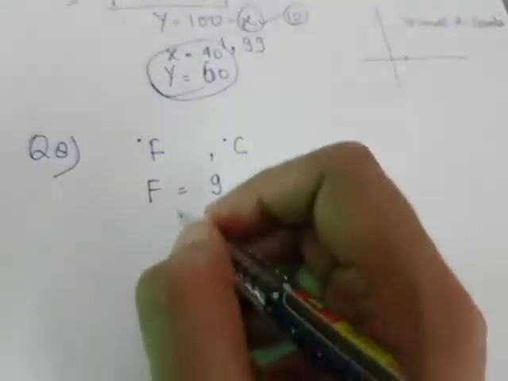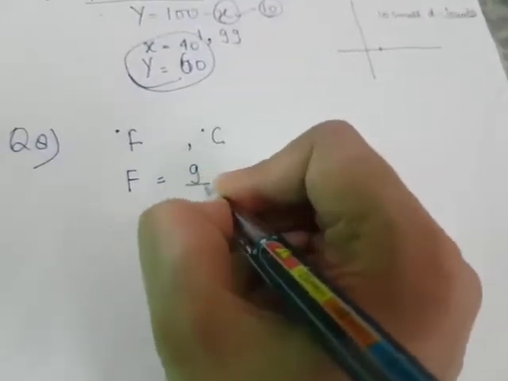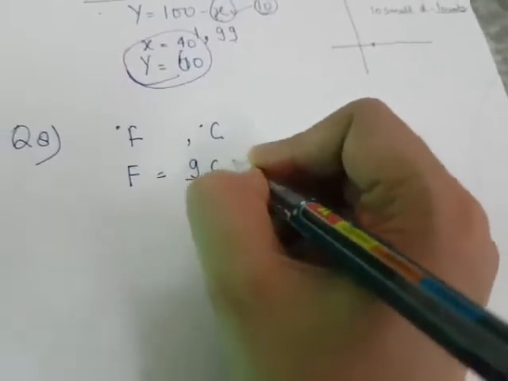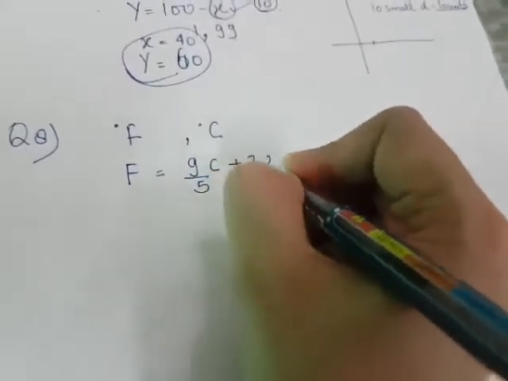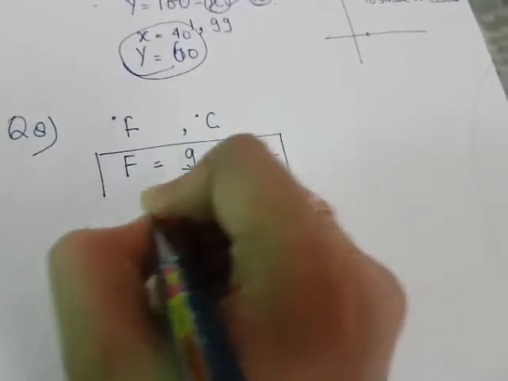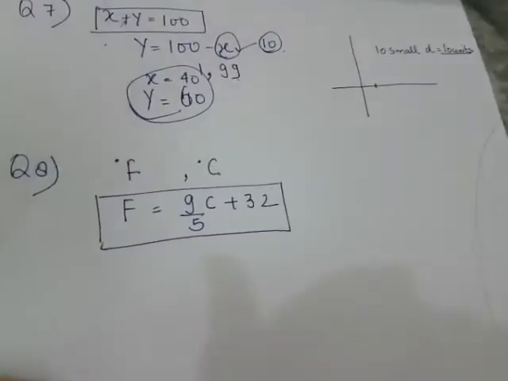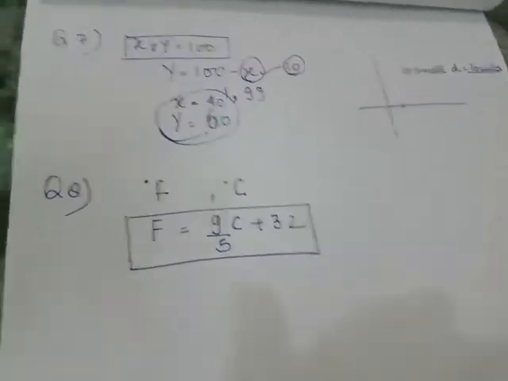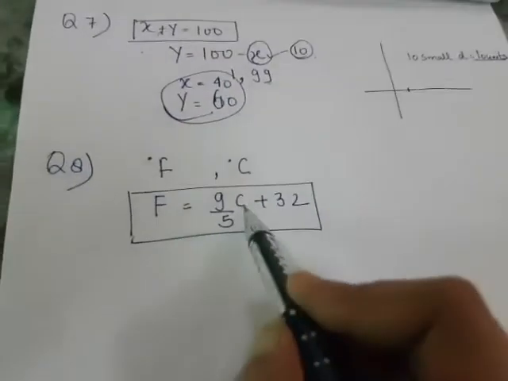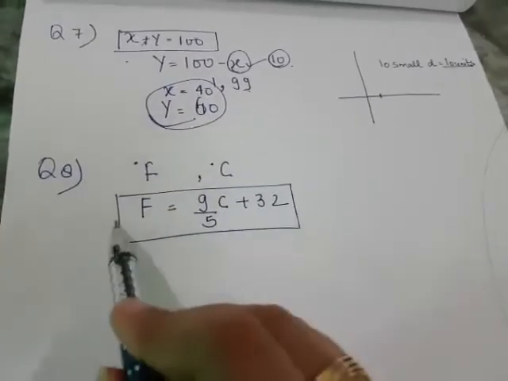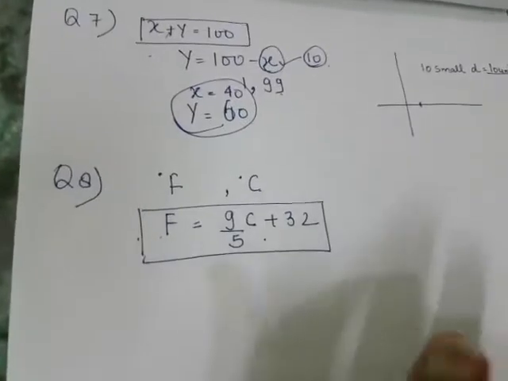To convert into Fahrenheit, it is 9/5 into Celsius plus 32. Even in your daily life, if you want to convert Celsius to Fahrenheit or Fahrenheit to Celsius, you can use this formula.